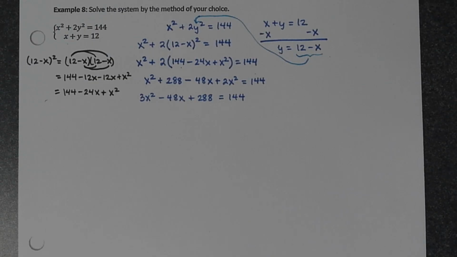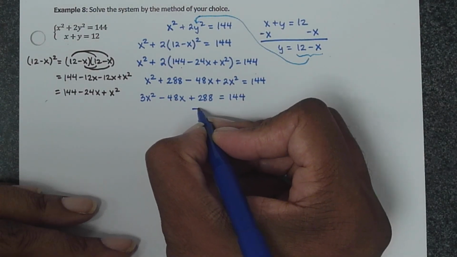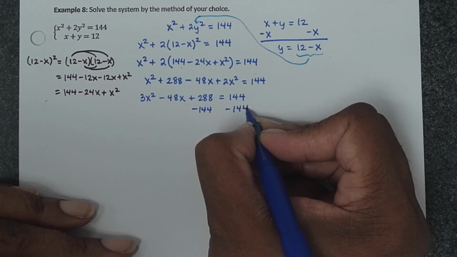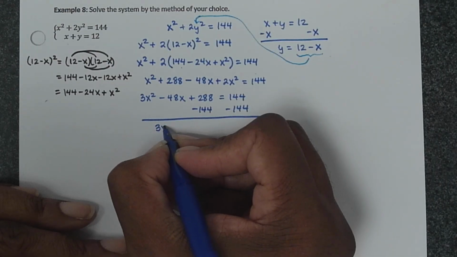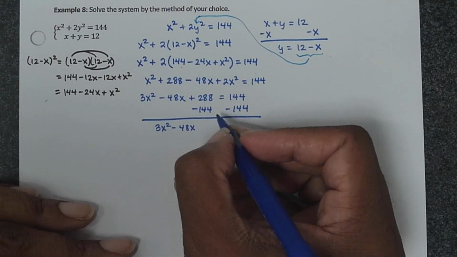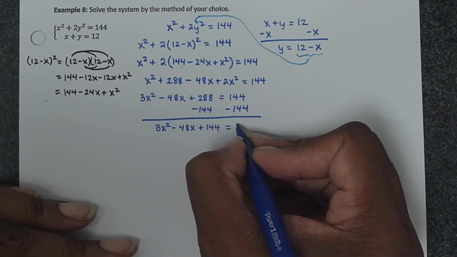So I need to get a 0 on one side of this equation by moving the 144 over to the left side. And I have to do that by subtracting 144 on both sides. So that means I got 3x squared minus 48x, 288 minus 144 would be plus 144, and that's equal to 0.